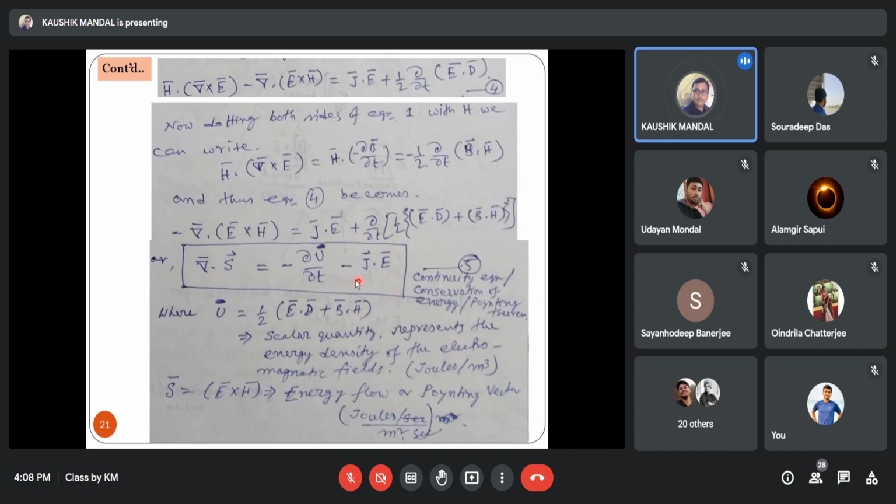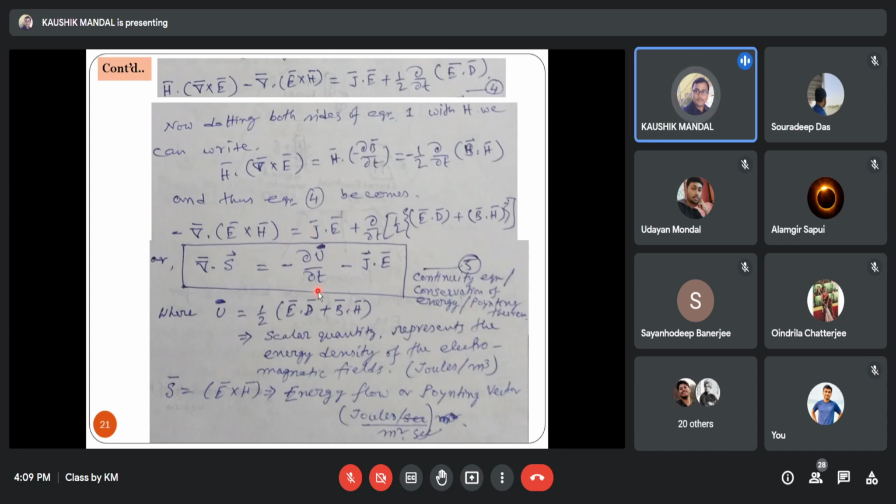Clear? So this particular equation says that S is the energy flow. So what will be the total energy flow from a given volume? That will be equal to the rate of decrease of stored energy minus the ohmic loss. That's why it is called the conservation of energy. The total energy flow out will be equal to the rate of decrease of the stored energy.